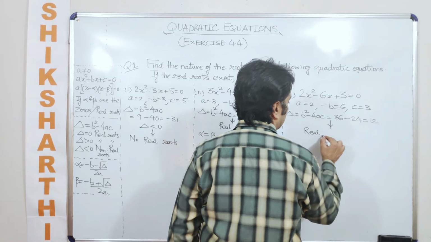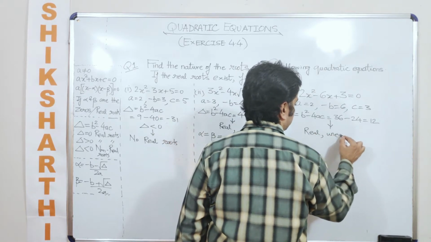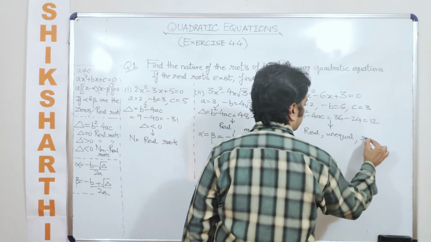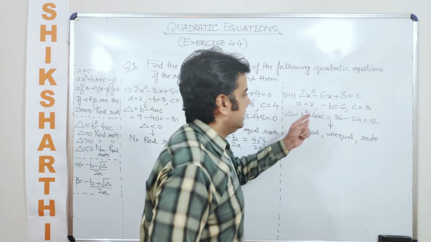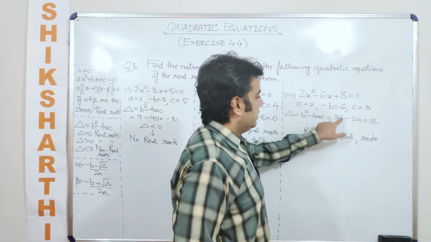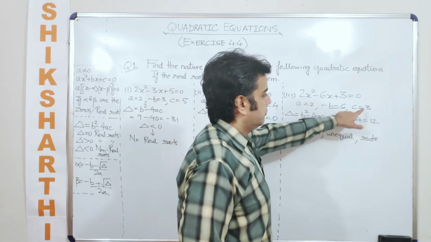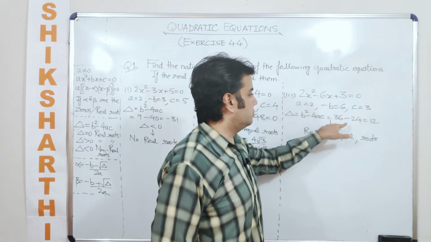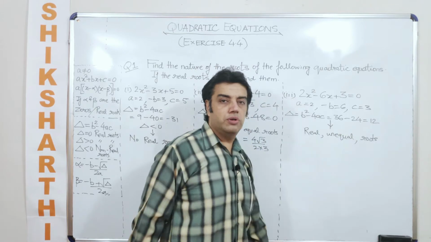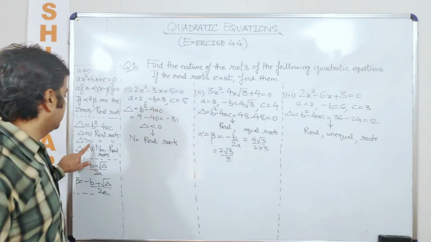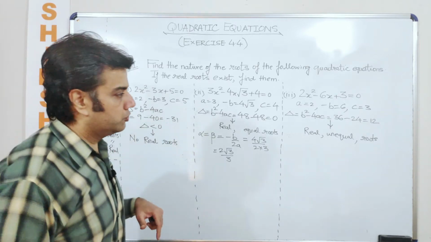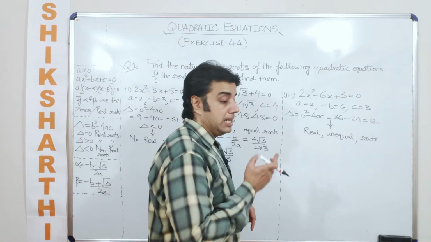Real unequal roots. Let's check it again. 36 minus 4ac. So 4 into 3 is 12, 12 into 2 is 24, 36 minus 24 is equal to 12, which is positive, and whenever delta is positive, you would get real roots, that is for sure, but you will get real unequal roots.